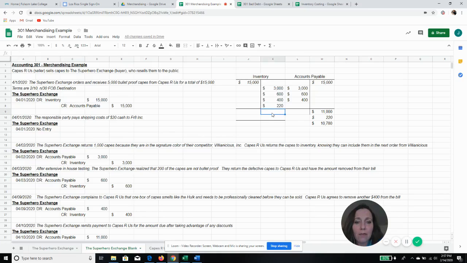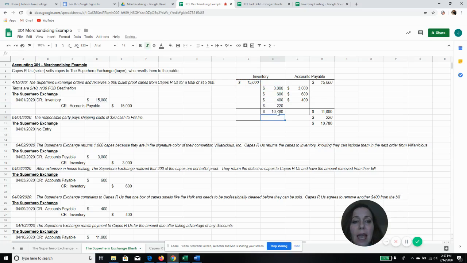When we look at the final balance of our inventory, it's going to be the original $15,000 minus the $3,000 for the capes we returned, $600 for the capes that weren't bulletproof, minus $400 for the adjustment we got because they smelled like the Hulk, minus the $220 discount we took advantage of because we paid within 10 days.